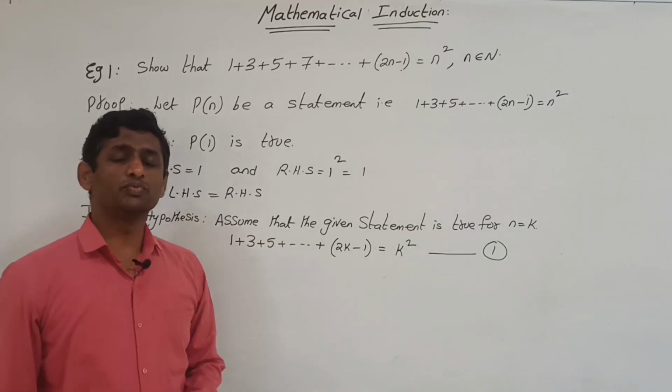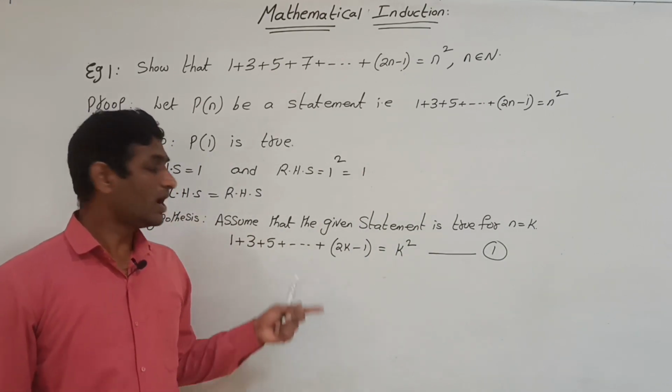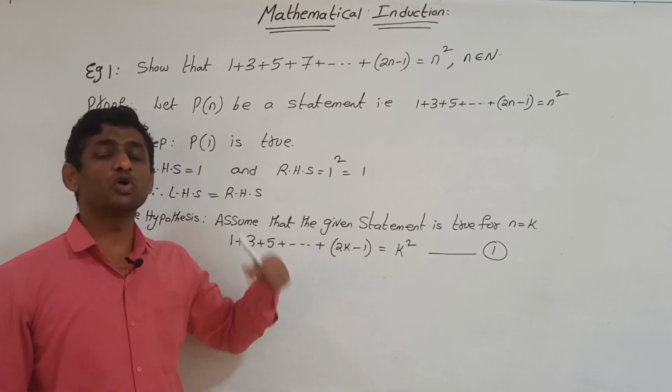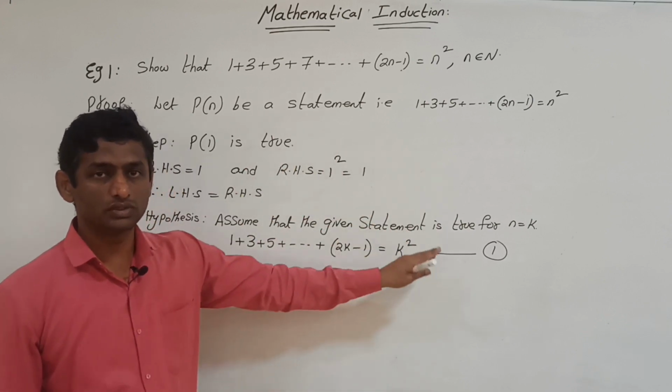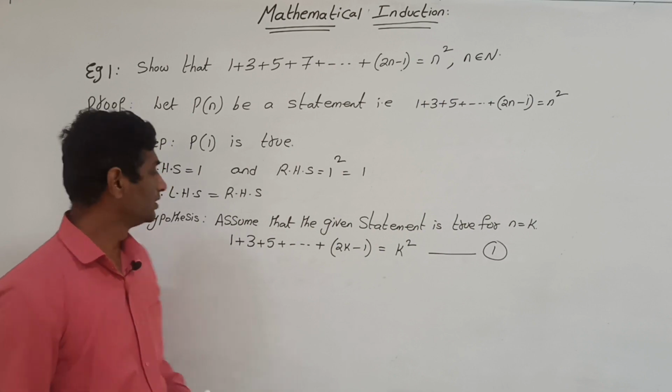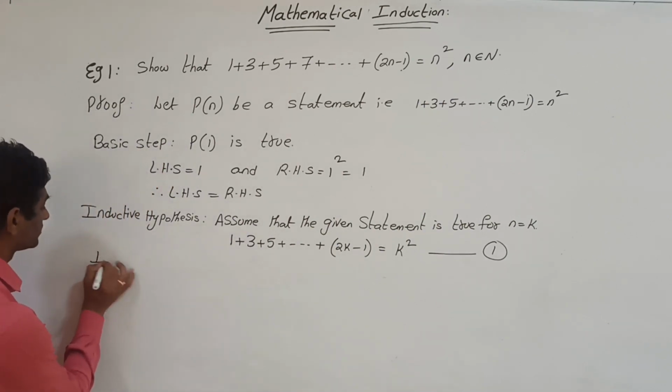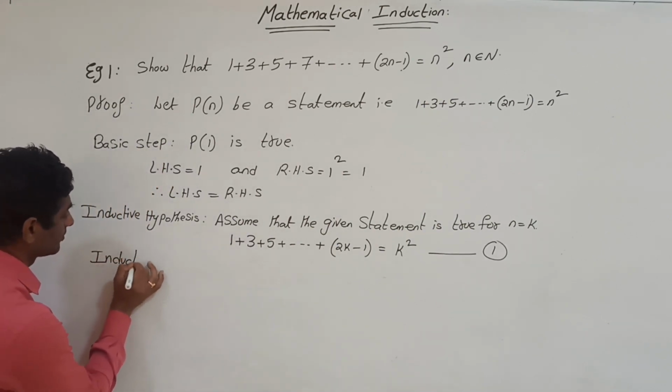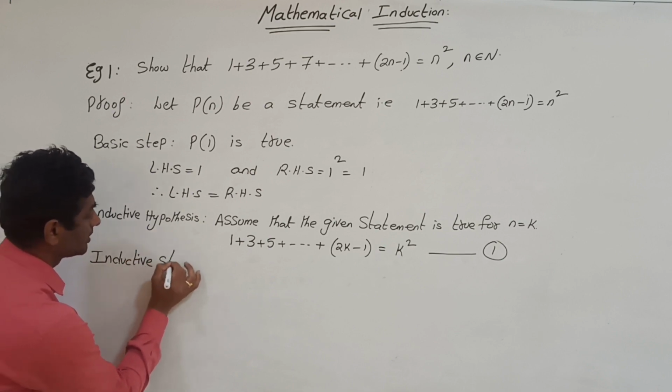Now what do we have to prove? We have to prove that the statement is true for k plus 1 odd natural numbers. That is our inductive step.